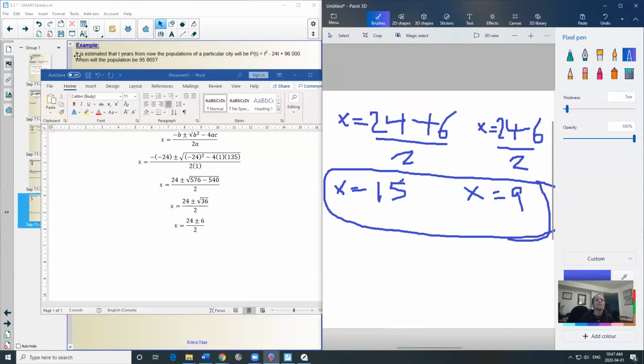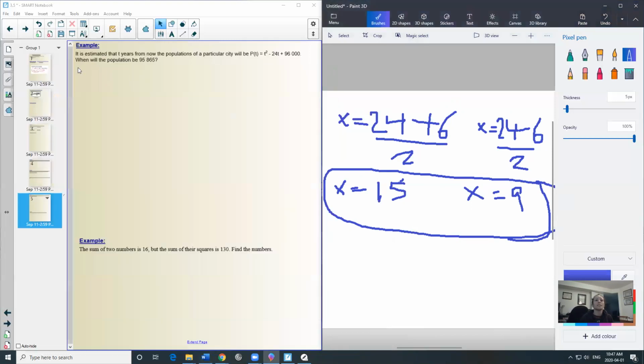Going back to our question, it says it is estimated that T years from now the population is going to be this. When is the population going to be 95865? It'll be that number in 9 years and also in 15 years, because this is a quadratic that is opening upwards.